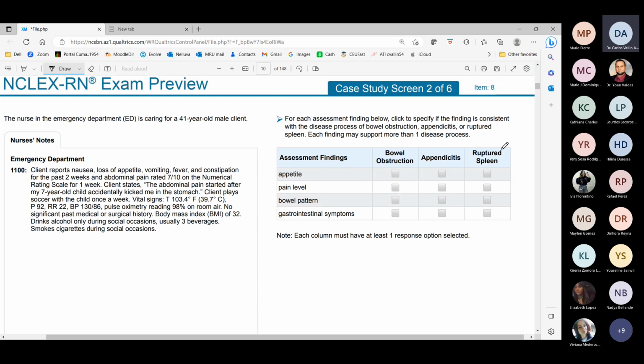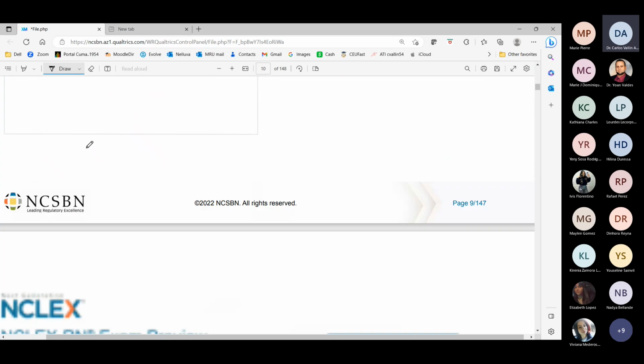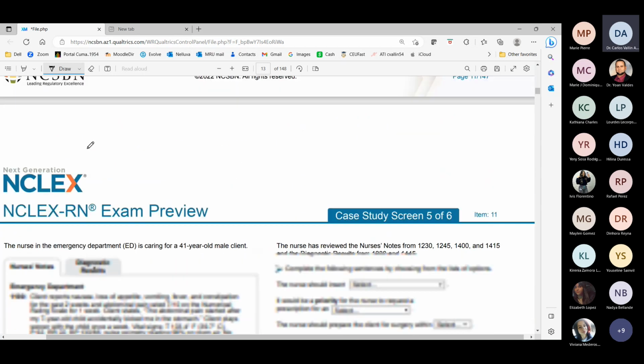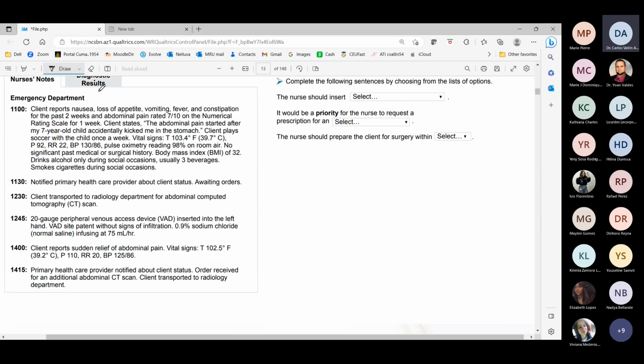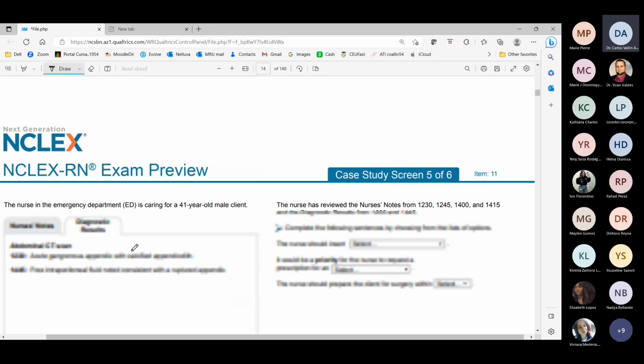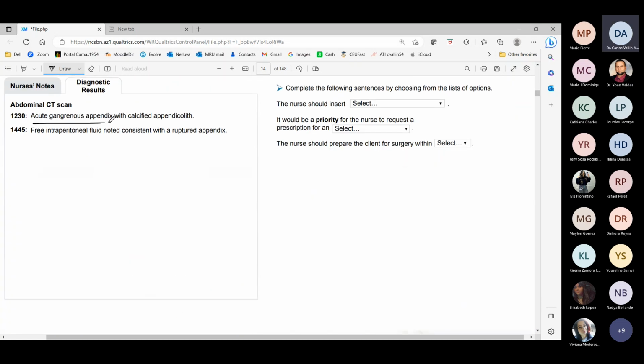And then let's see whether the symptoms they are mentioning have to do with any of those three diagnoses. Remember that you can access the diagnostic result, and the diagnostic result tells you the client has appendicitis.